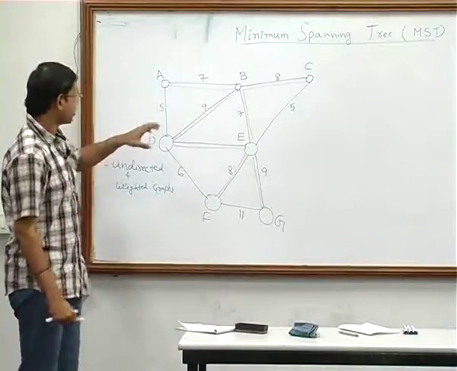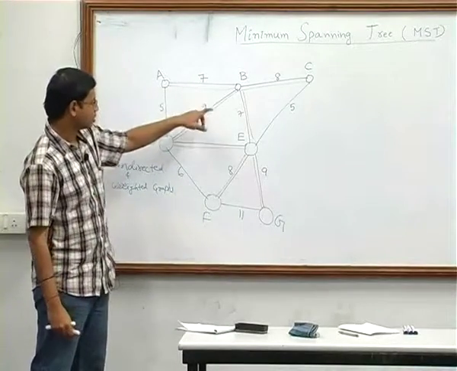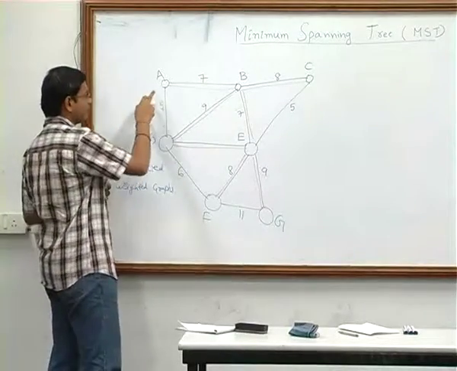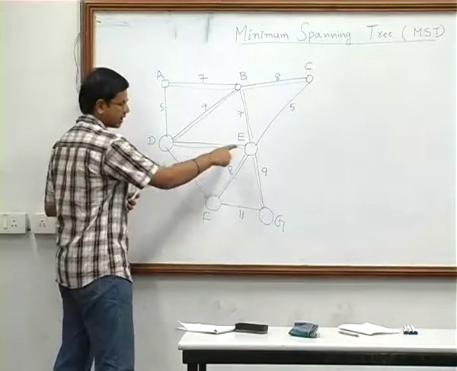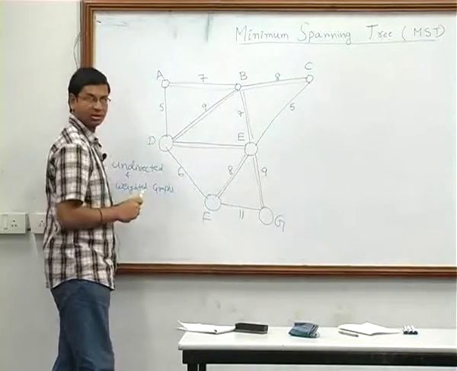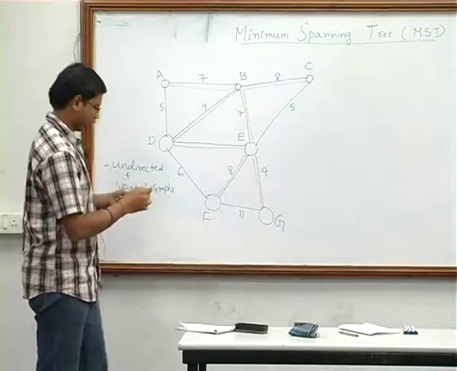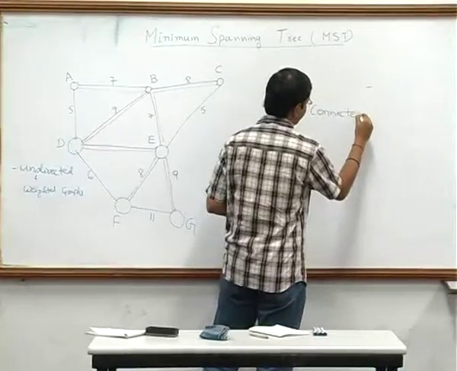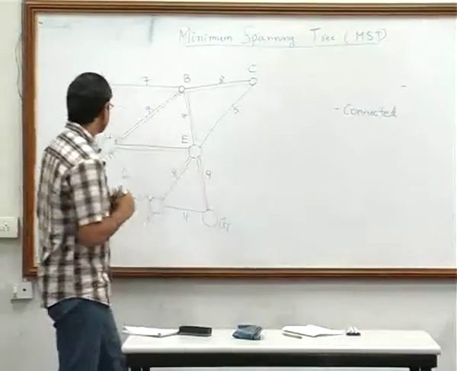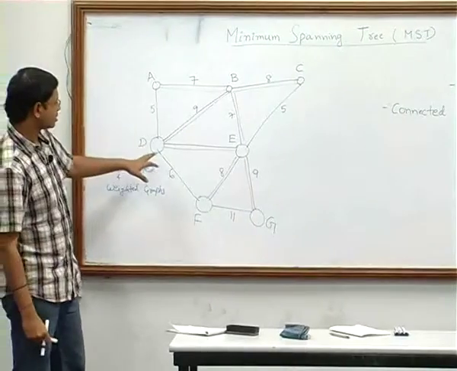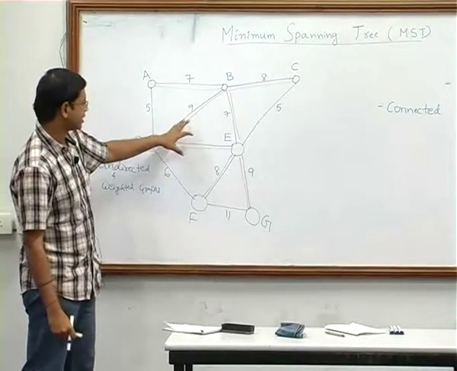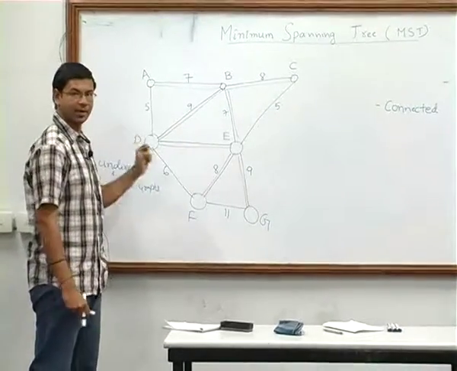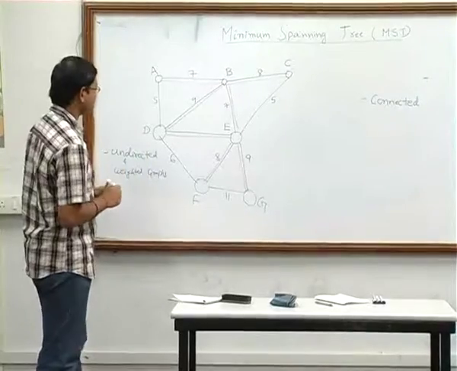So we have selected some edges which are represented using the red color, and if we start from any vertex using only the red colored edges, you can reach any other vertex. Okay. So that's what is meant by connectedness. Okay. So using only the selected edges which are represented in red color, you should be able to find a path between any pair of vertices. So that property should be satisfied.